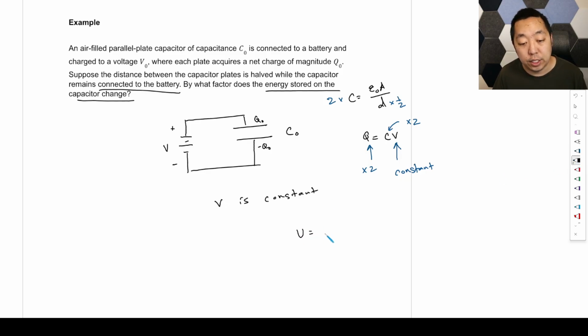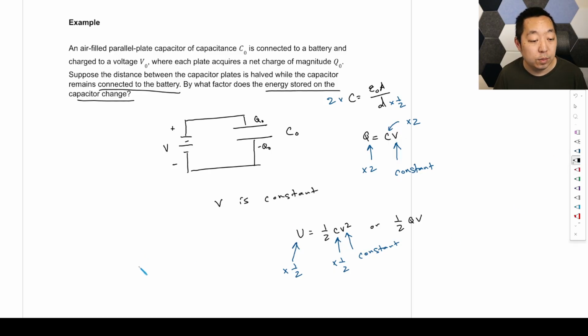Now, what's our energy? You can either think of it as 1/2 CV squared or 1/2 QV, doesn't matter. Because we know the capacitance is times 2, and now we know the voltage is constant, or we were told because it's connected, that means the energy is going to be times 2 to keep the equations balanced.